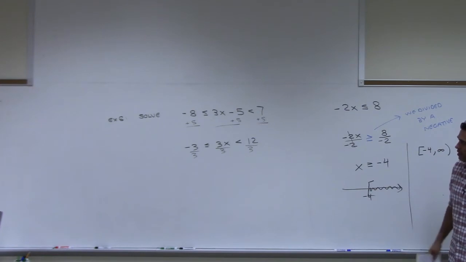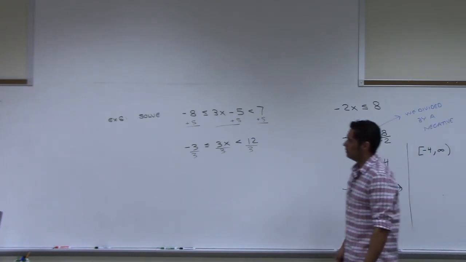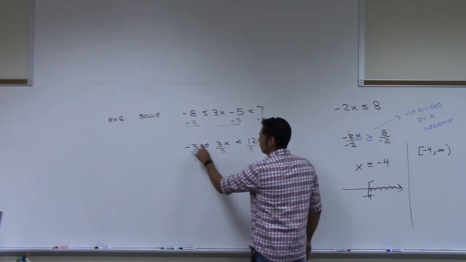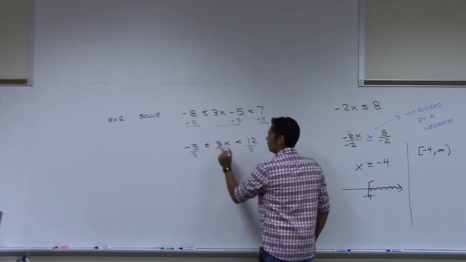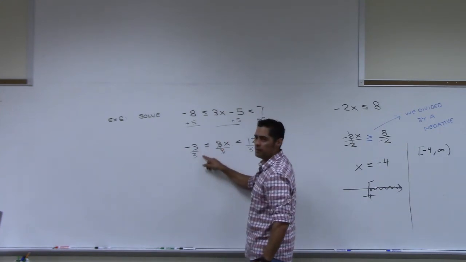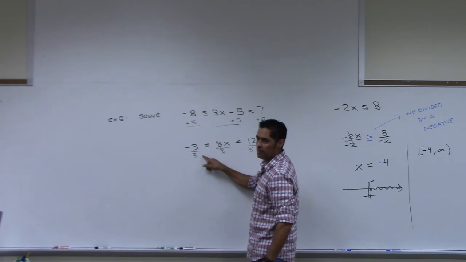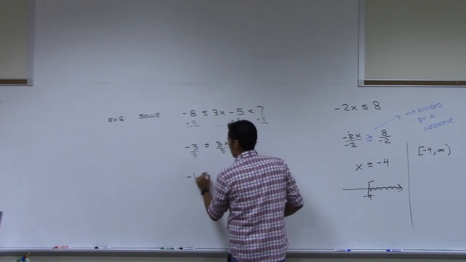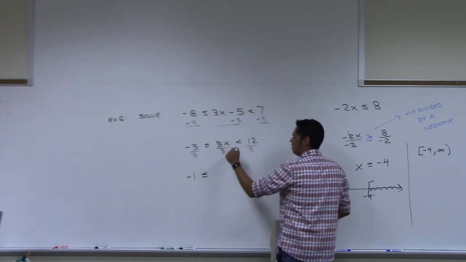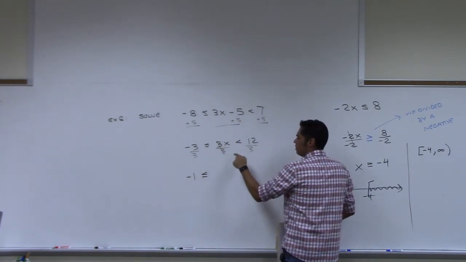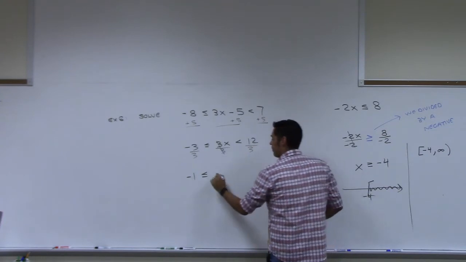Alexis, I'll let you tell us what it is. Negative divided by a positive should be negative still, right? Just -1 less than or equal to, the 3's are gone. So you have just your x, right?